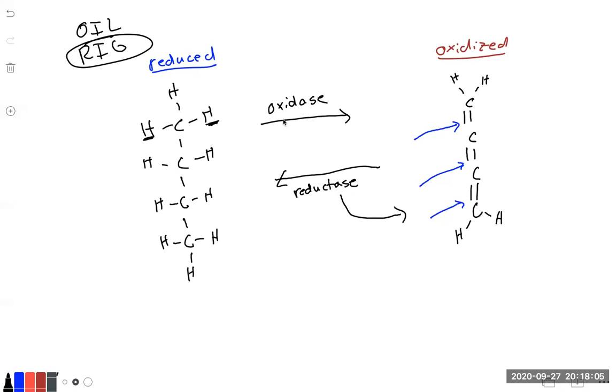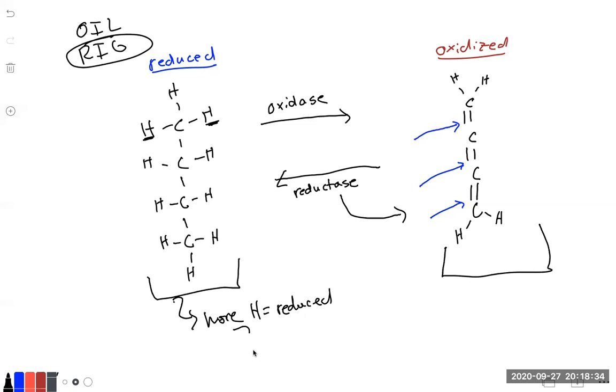Now, there are plenty of reasons why an oxidase needs to oxidize a hydrocarbon or why a reductase needs to reduce, but the point of this video is just to show you what you would maybe see on a test or a quiz. If they ask what the reduced hydrocarbon or what the oxidized hydrocarbon would be, the one with more hydrogens, that one's going to be your reduced.